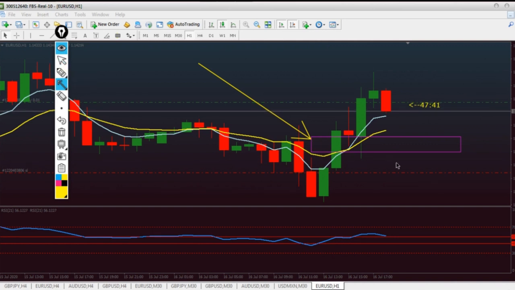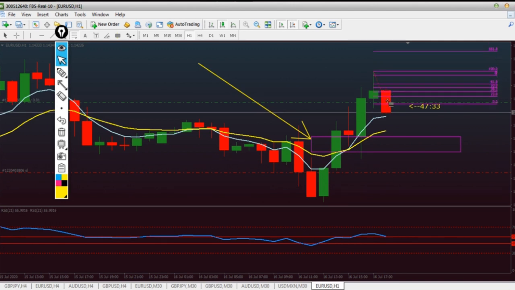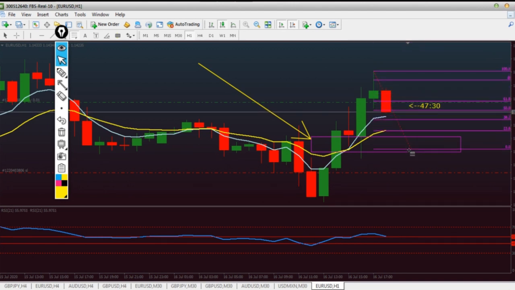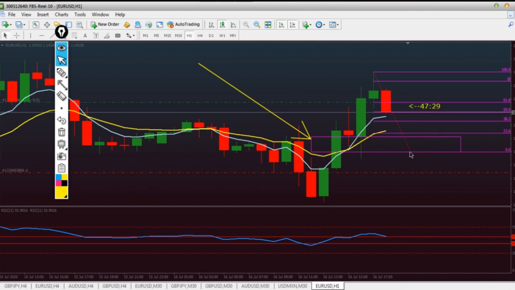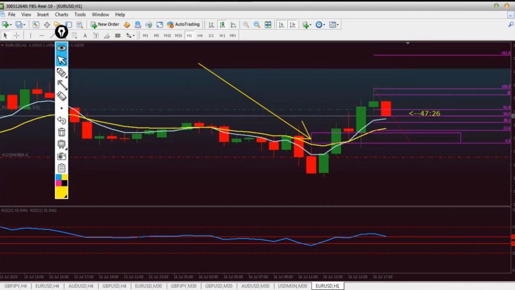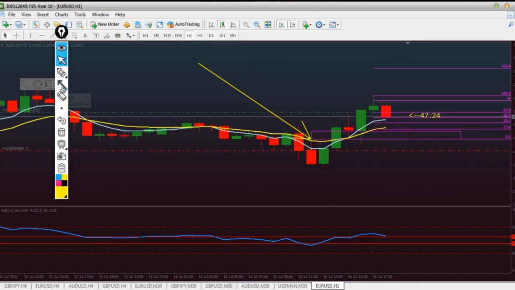And for you to know after the retracement where it's going to go, you just come here to the Fibo from the last high to here, and the price is going to go to here, 161 here.